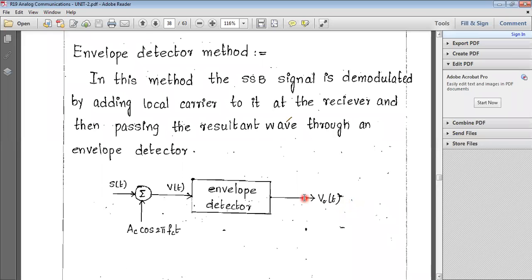So this is the block diagram for the envelope detector. The first stage takes S of t and adds it to the local carrier. The local carrier you already know at the receiver side; here we again generate a carrier frequency, that is Ac cos 2 pi fct.